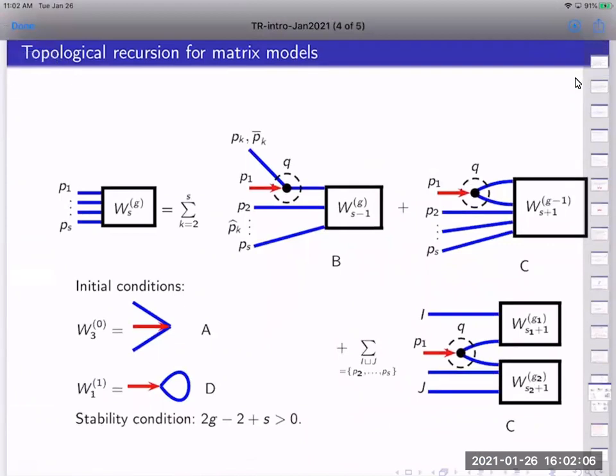So if I have the corresponding correlation function or correlation differential, I represent it as a sum of action terms.